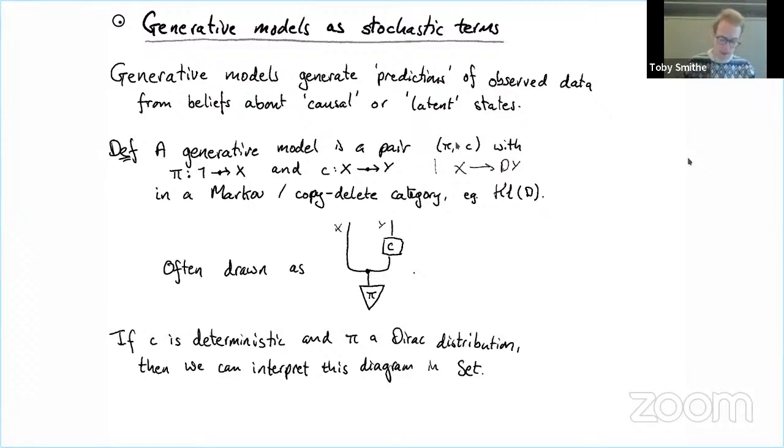Now, there's something funny about this, which is that if C is deterministic, so really it's just something like X to Y in Set, say, and pi is a Dirac distribution, so all of its probability is concentrated on a single point, that is, it just assigns probability 1 to that point, then we can interpret this diagram in Set.